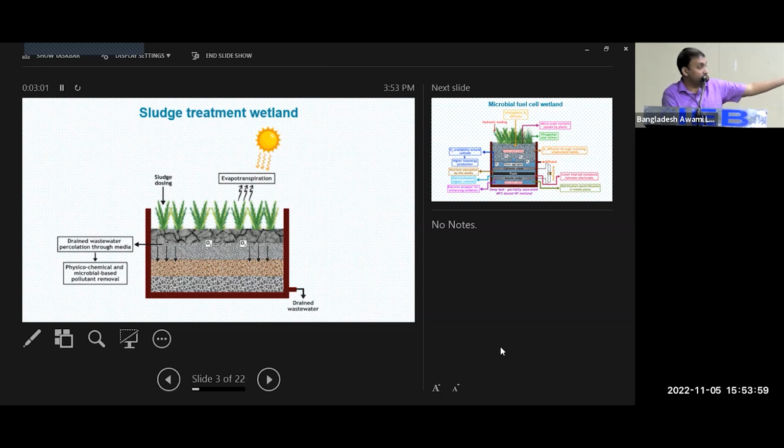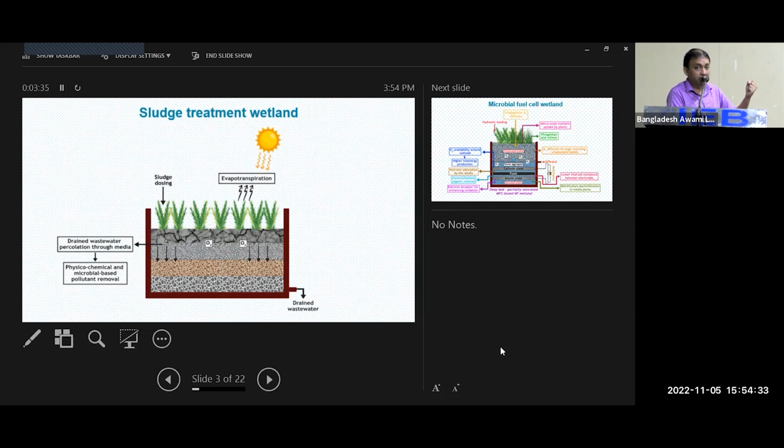Okay, so this is a typical sludge treatment wetland. You see, in the upper portion, the sludge is accumulated. So the first action, what will happen? The evaporation, the effect of sunlight. Due to sunlight and transpiration activities, together we call it evapotranspiration, plants will extract sludge-bound water, because sludge contains only 1 to 10% solid and the rest is liquid.